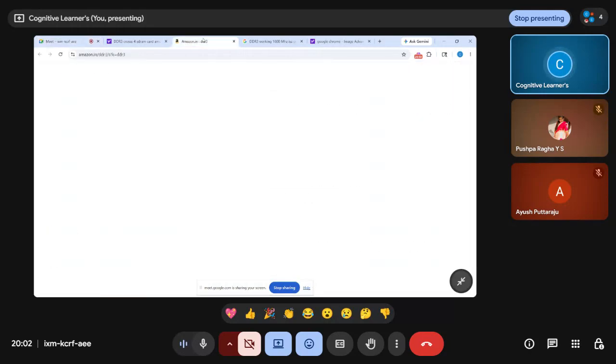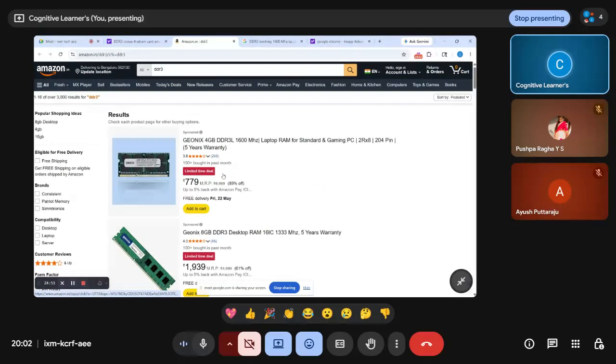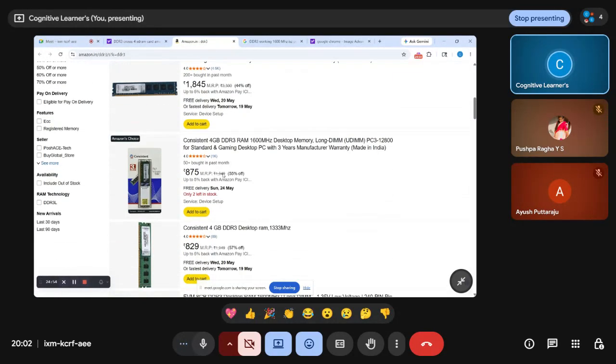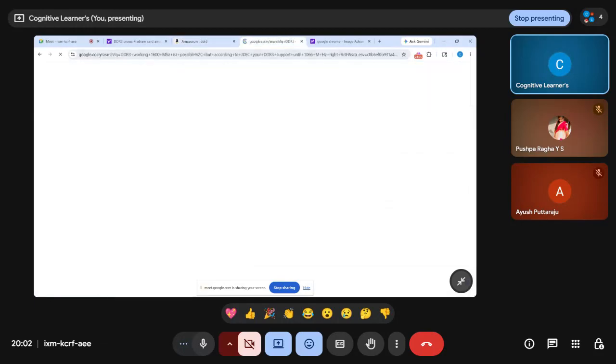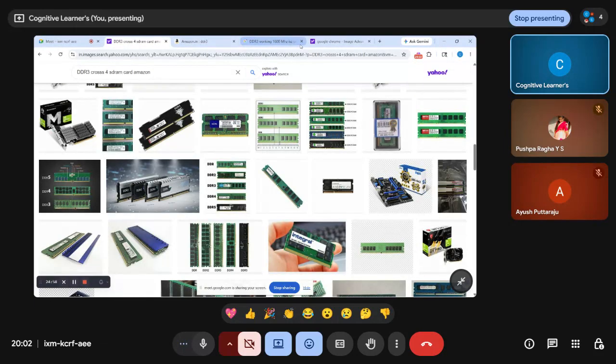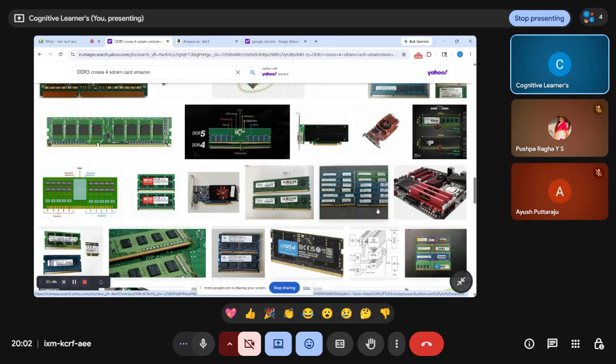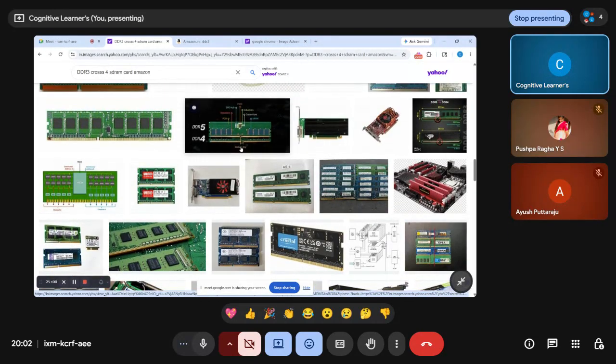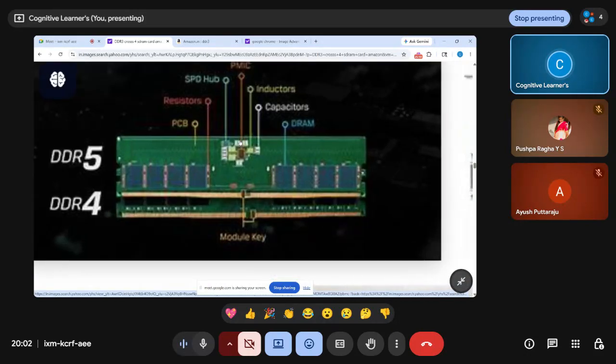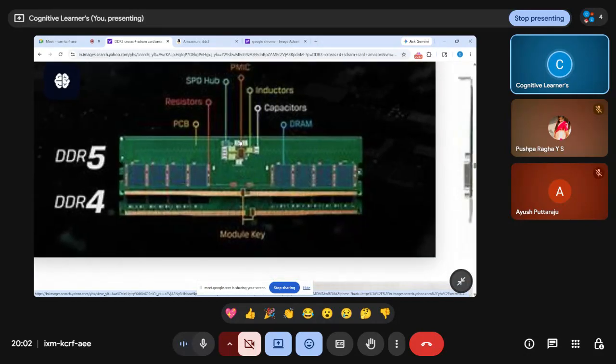Next I will show a practical example. Take this example and you tell whether this is cross 4 or cross 16 or cross 8.